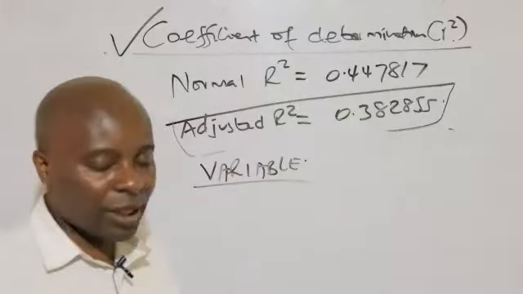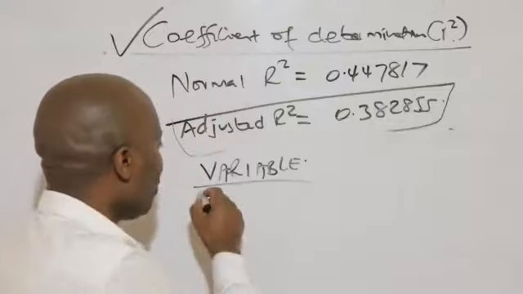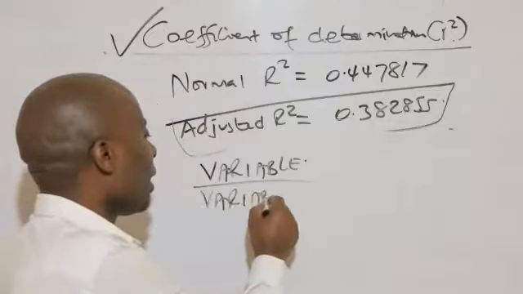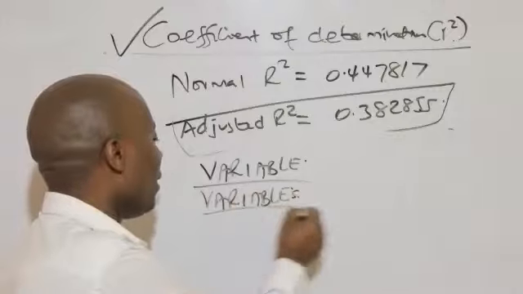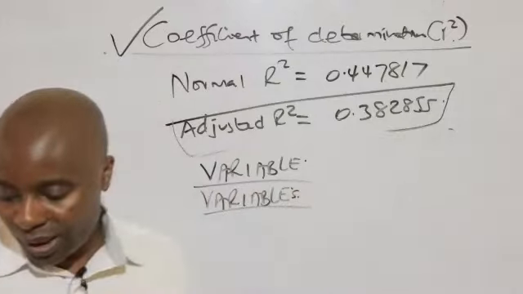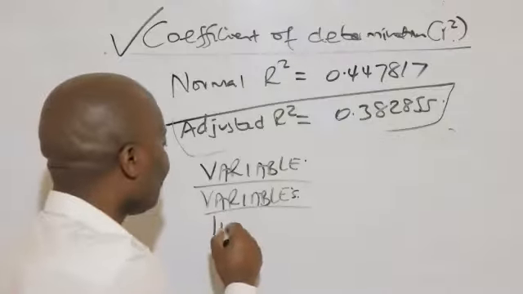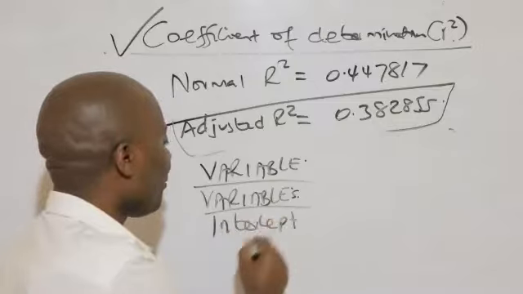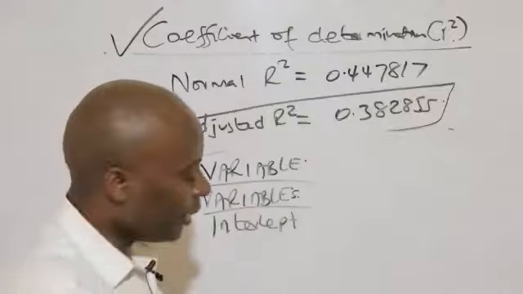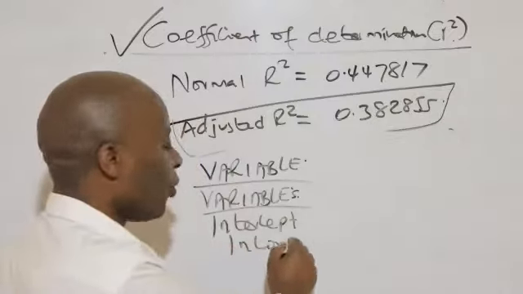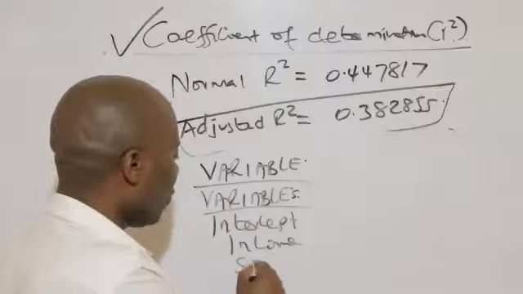So I need two things here. I need my variables. My variables, we have the constant, which is the intercept. And then I have one for income. And then lastly, I have one for size.